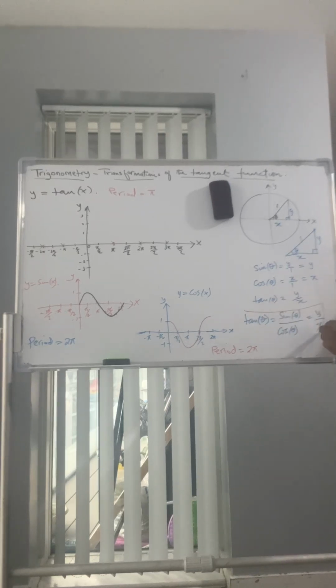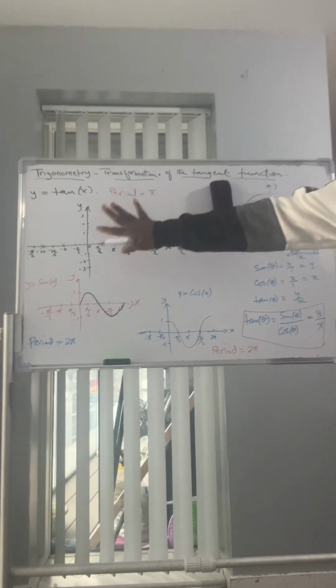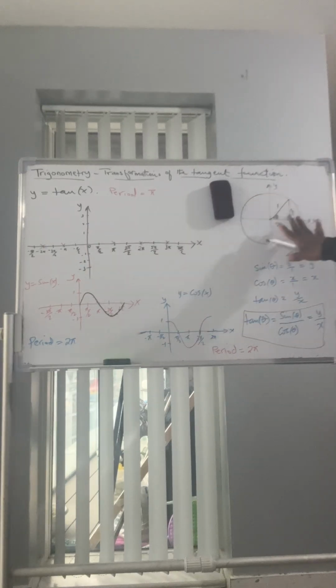I want us to concentrate on this one. Tangent of the angle theta is equal to the sine of the angle theta over the cosine of the angle theta. All these things come from this unit circle.